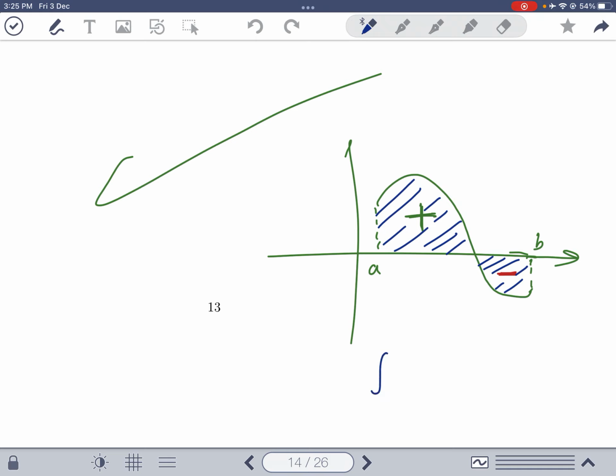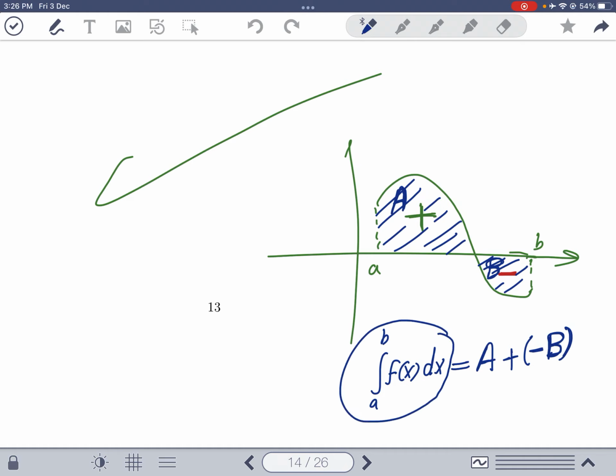So the integral from A to B of f of x dx will be, let's call this area A and this area big B, so it will be A plus the negative of B. Don't take the area of B as the positive of it, you take it as the negative to get the integral. The integral doesn't look at everything as area. It gives also a sign.